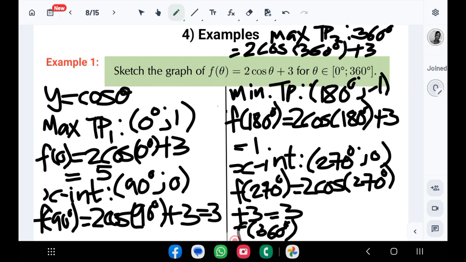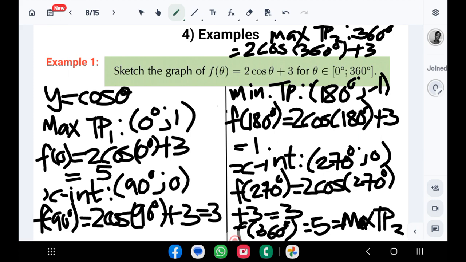Let's calculate that: 2 times cos of 360 degrees plus 3, and that gives us 5. So the last part, maximum turning point 2, is equal to 5.